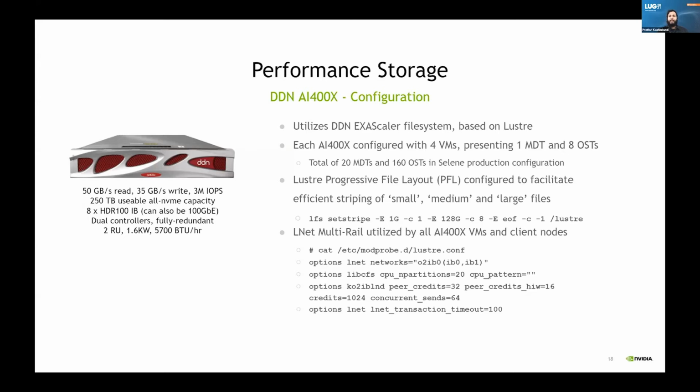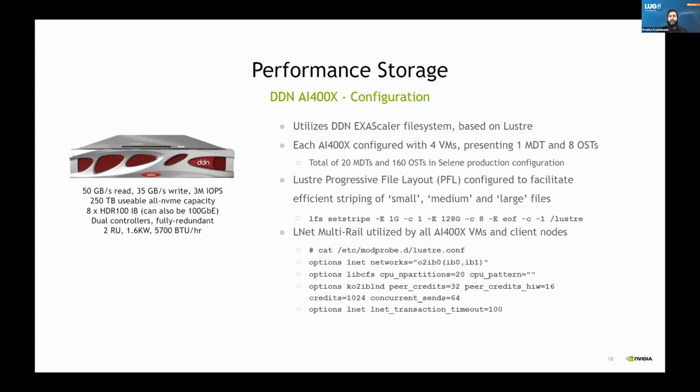We rely heavily on the Lustre PFL to facilitate the striping of our files. We've broken them into what I'll call small, medium, and large files, which in practice has been shown to work well for the variety of use cases that we see our users run.